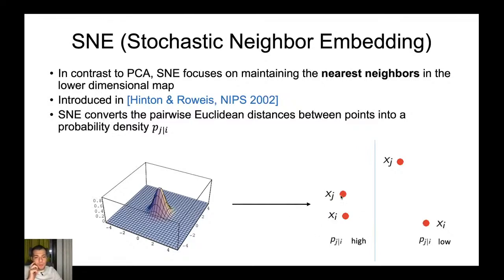What we want here is, if the points are close together, to have a high probability, and if the points are further apart, to have a lower probability. We model this with a Gaussian distribution. So this probability density is actually a Gaussian distribution.